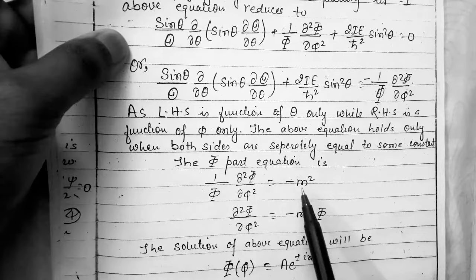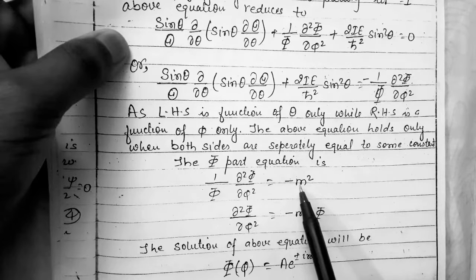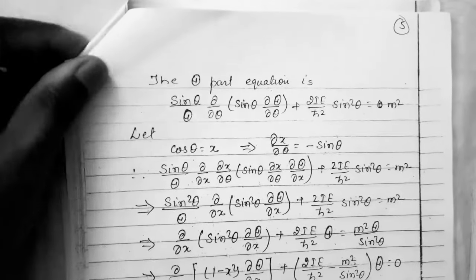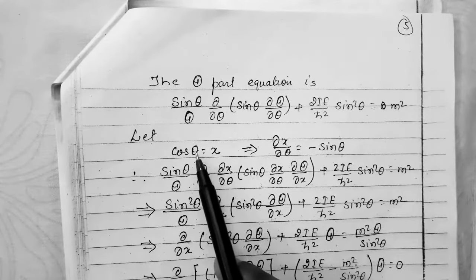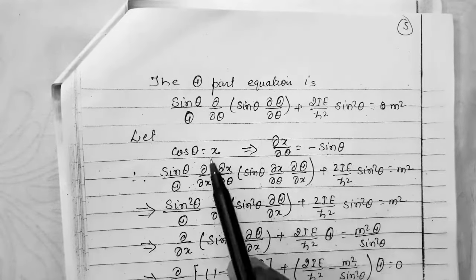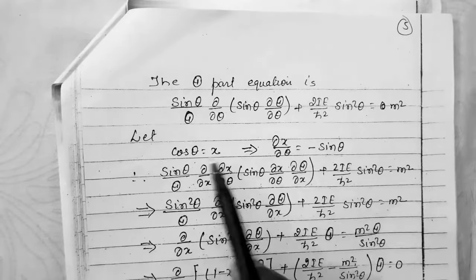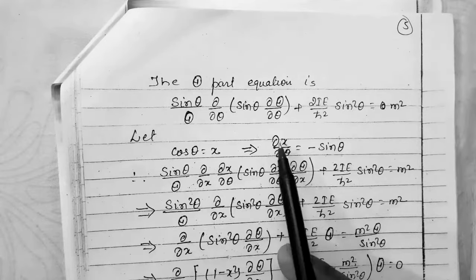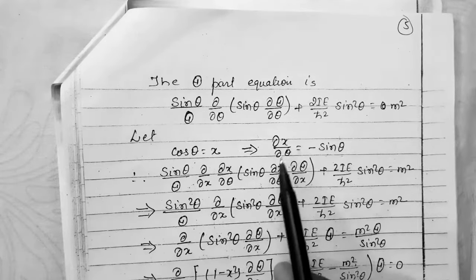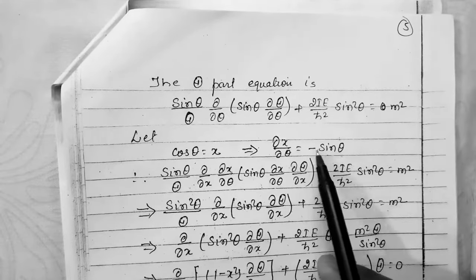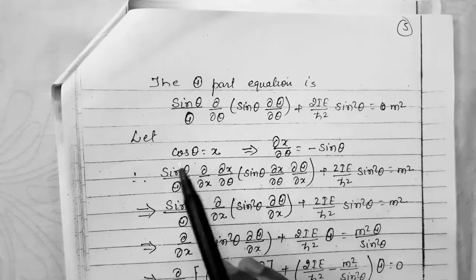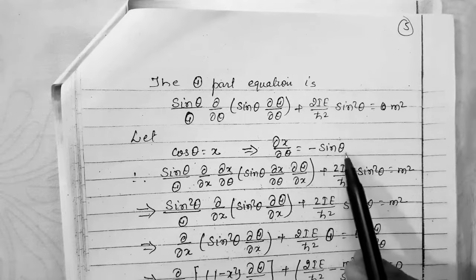We have just written down the solution, and we had considered it as m square. So after that, in order to solve the above equation, we assume cos theta as x. We know that when we differentiate, del x by del theta, the differentiation of cos theta equals minus sin theta.